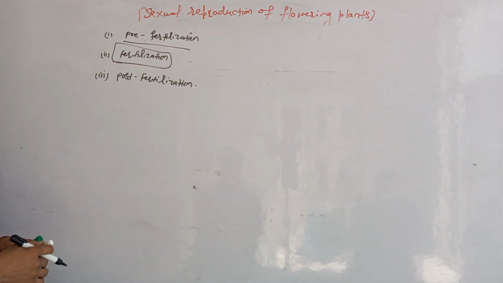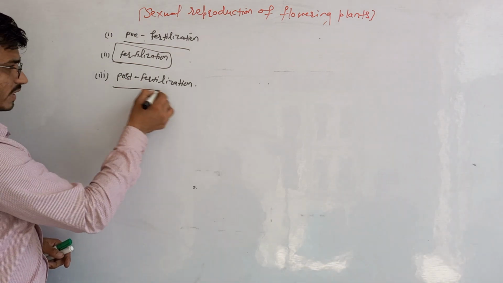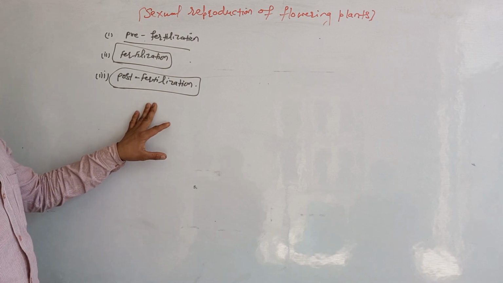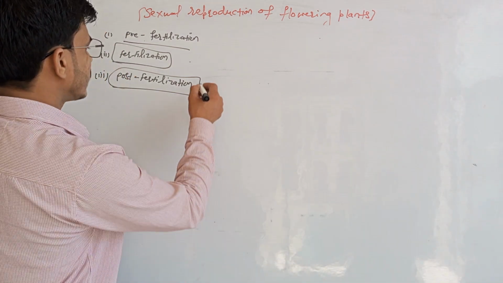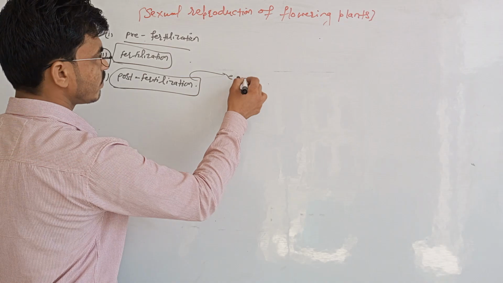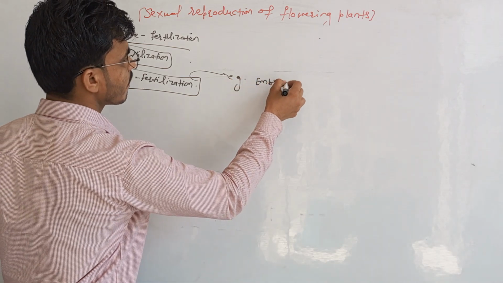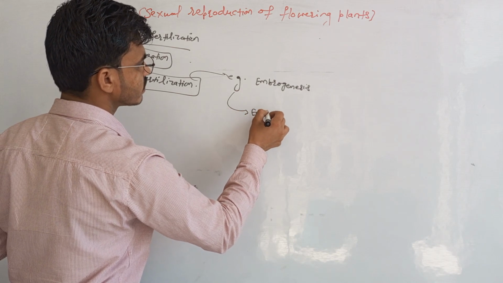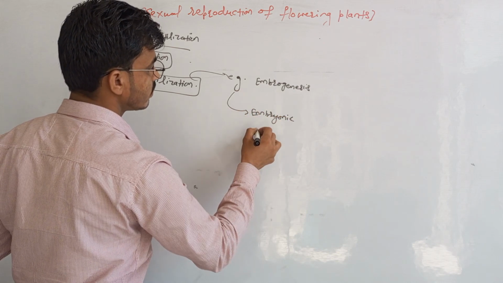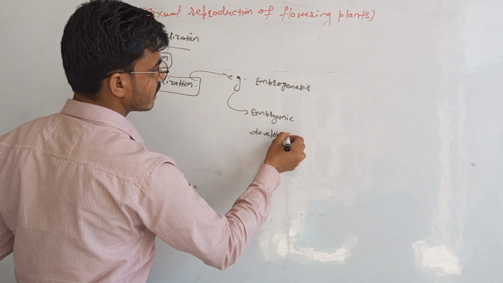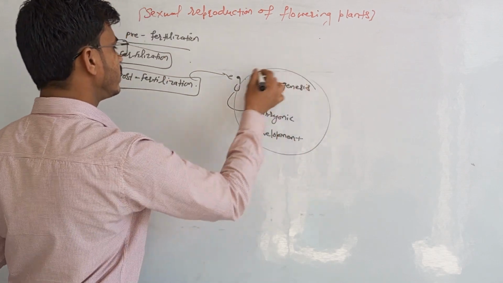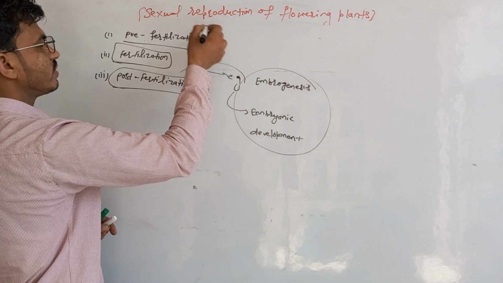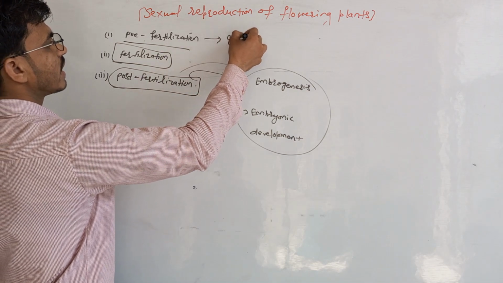Fertilization means the event in which fertilization actually takes place. The post-fertilization events are those in which embryogenesis, or embryonic development, occurs. Embryonic development is included in the post-fertilization events. Gamete formation is pre-fertilization.